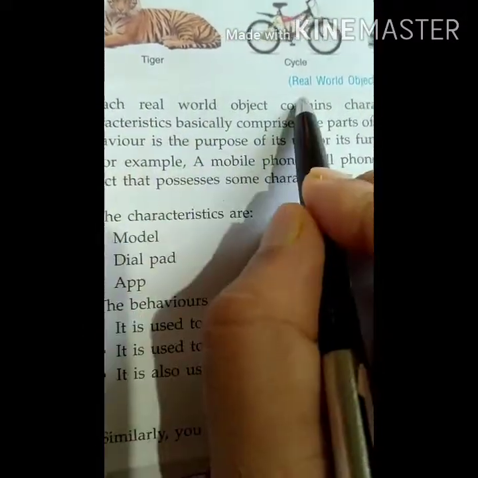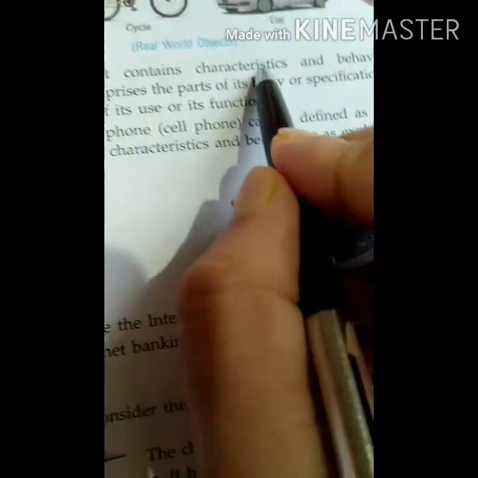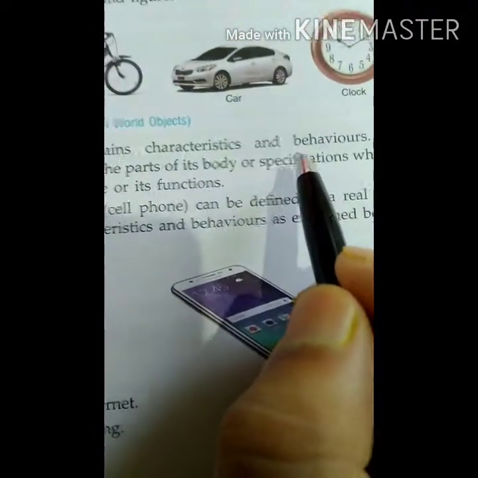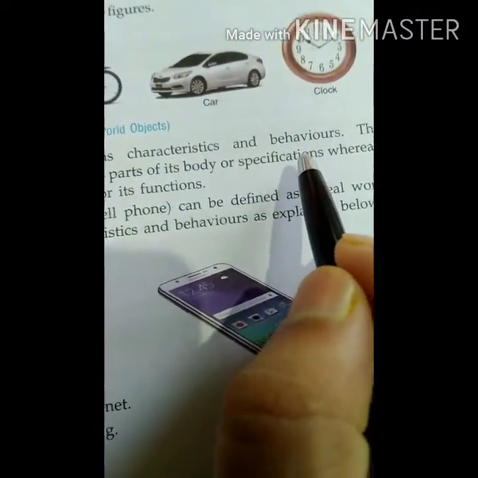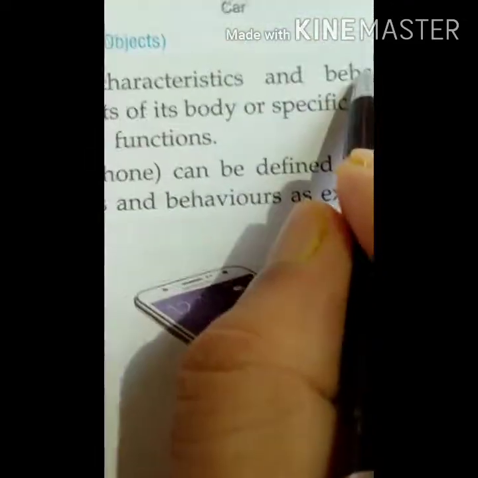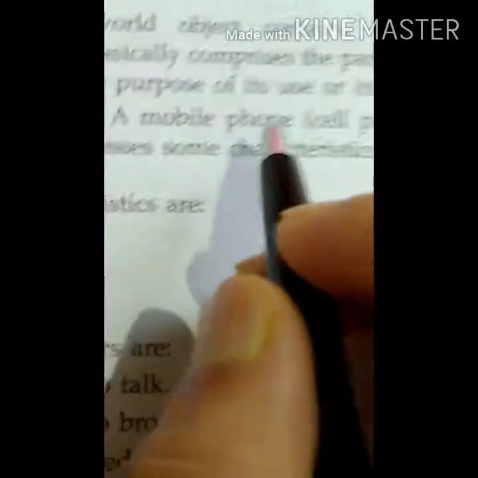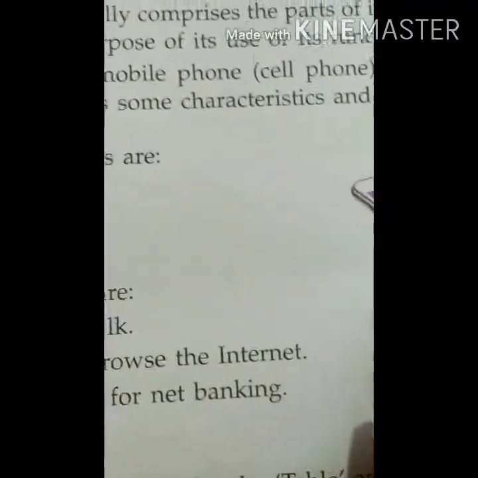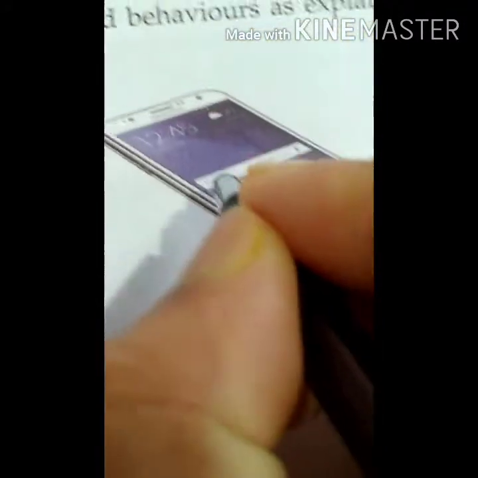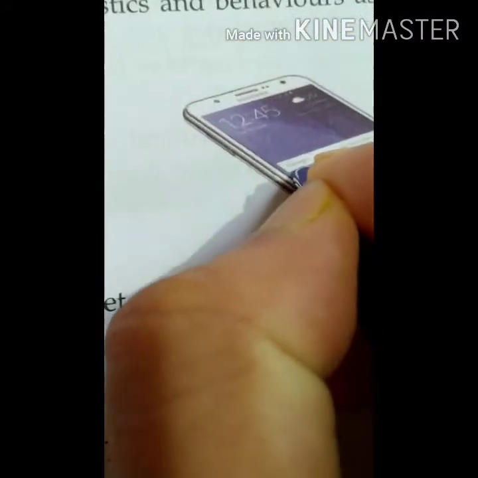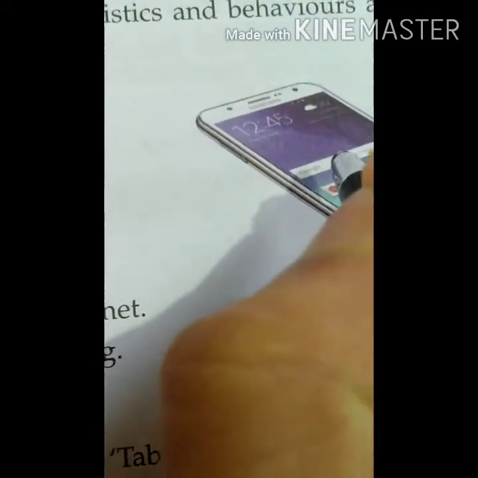Each real world object contains characteristics and behaviors. So here, about this phone, we have to understand what are the characteristics of this phone and what are the behaviors of this phone.